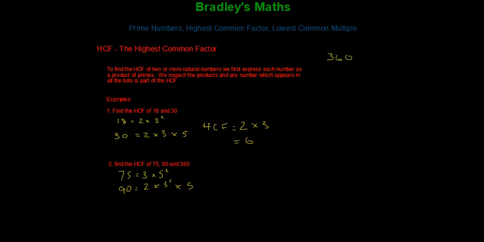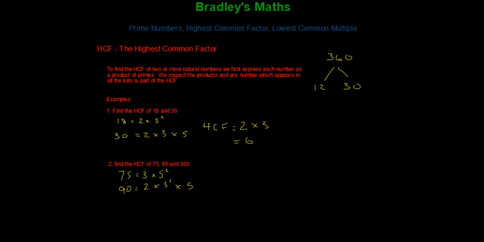I just think it's good that you know more than one way. 360 is 12 times 30. I think, no, it's not. It's 6 times 30. 12 must go into 360. I was right in the first place. It's 12 times 30.